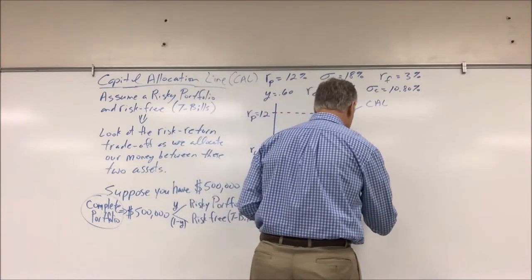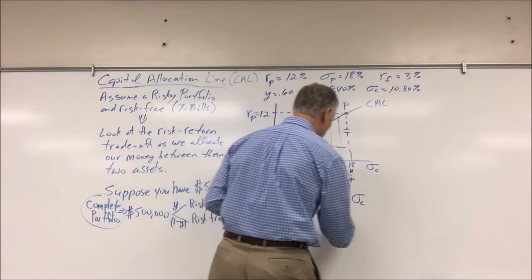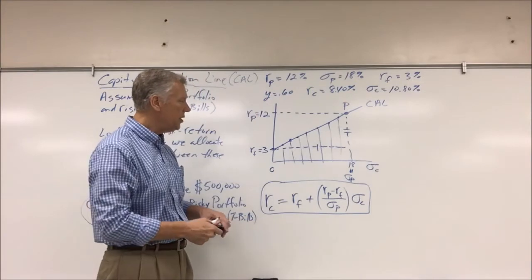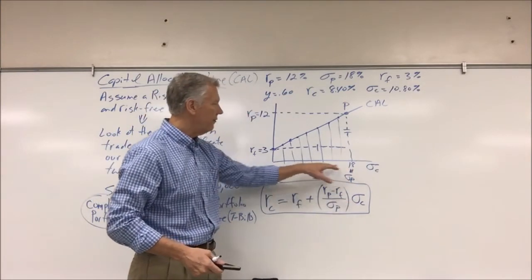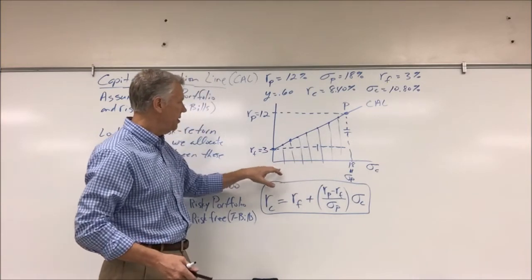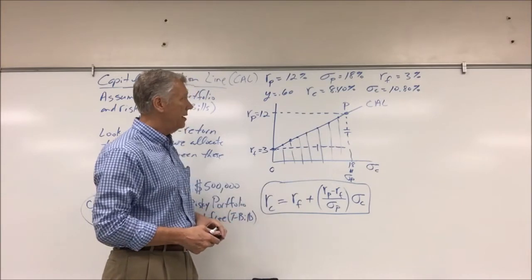So we need to multiply this times sigma C. So there's our generic equation. And so I can pick different levels of risk that I want to hold, and I can use that information to calculate the corresponding rate of return in this case.